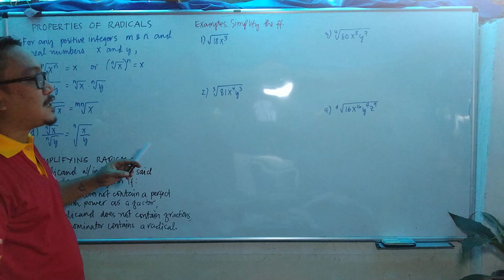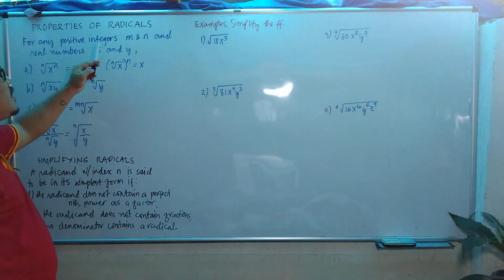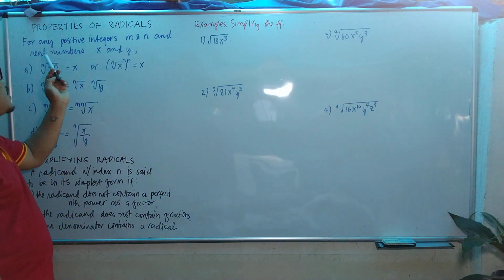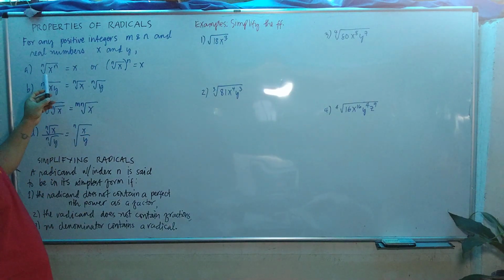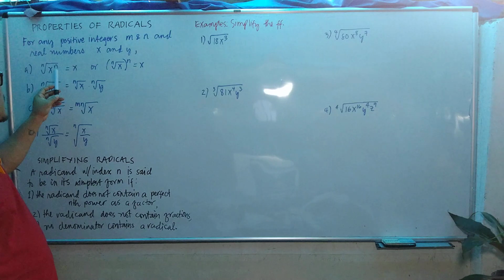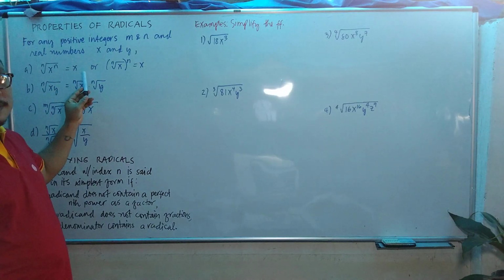It says here that for any positive integers m and n and real numbers x and y, letter A, the nth root of x to the power of n is just equal to x.